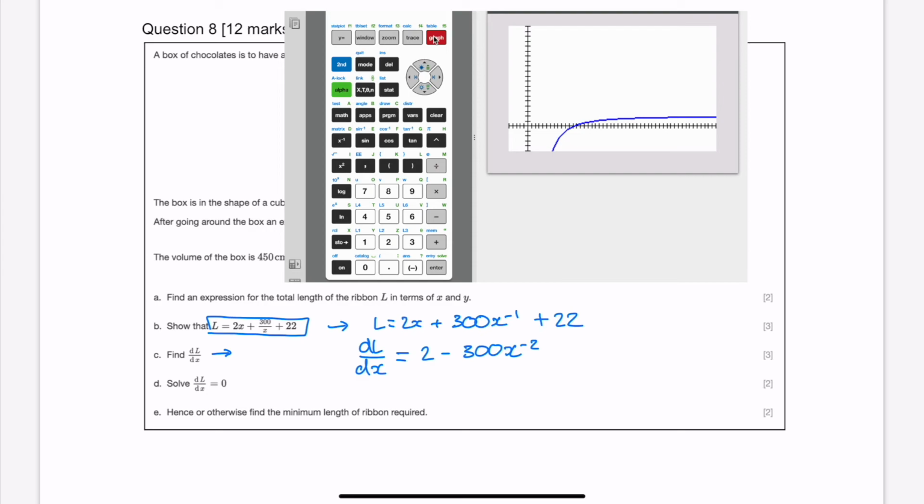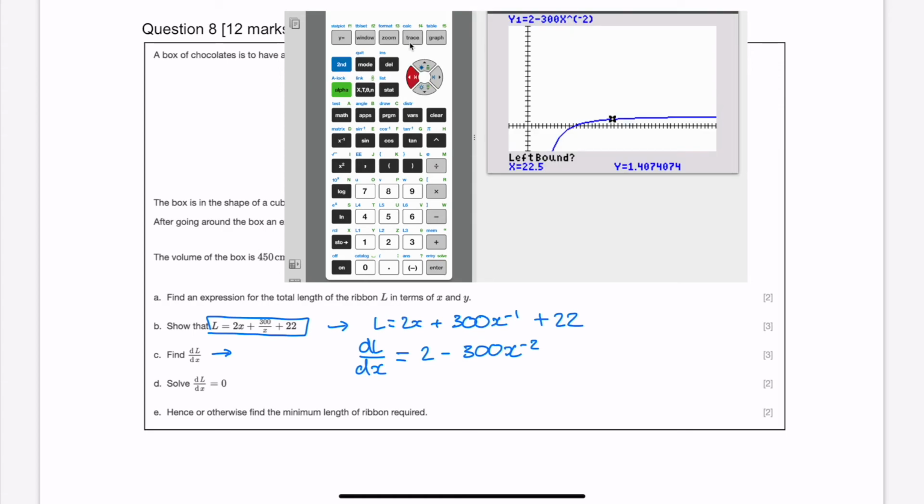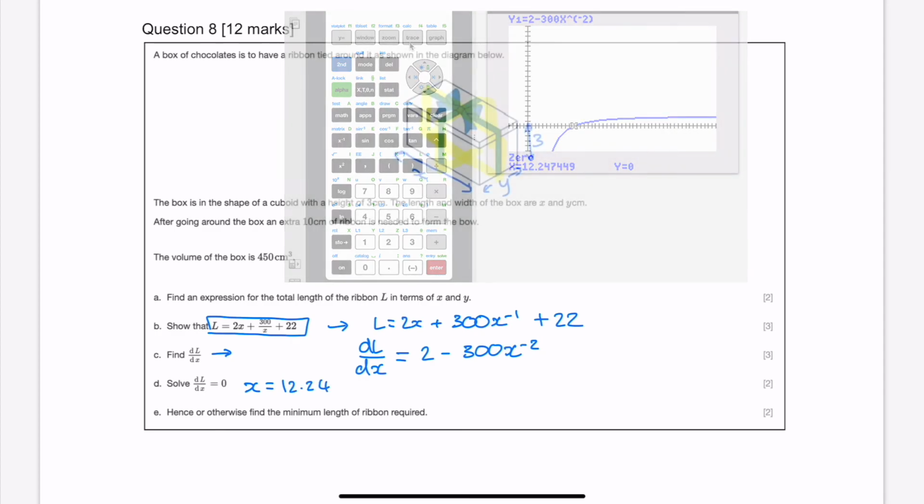There we go. So I'm solving when it equals 0. So I can just do second function trace, and I want to find the zero. And we can see here that it's at this value here, 12.24. So x is equal to 12.24. So that's where the gradient is 0.